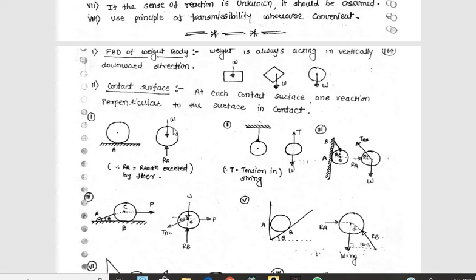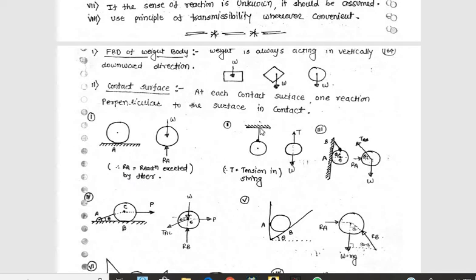You have to show the weight of the cylinder acting vertically downward, and at point A, where the cylinder contacts the ground, there is a normal reaction, which is always perpendicular to the surface. That is RA, in the upward direction. This is the free body diagram. RA is the reaction exerted by the floor.